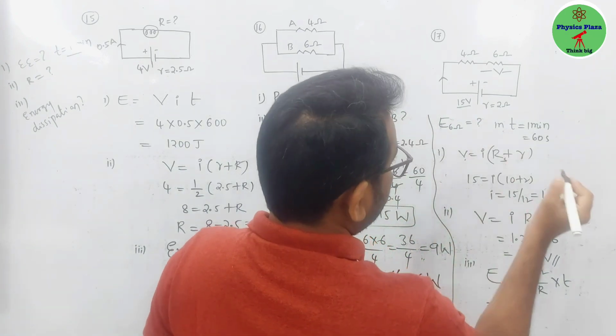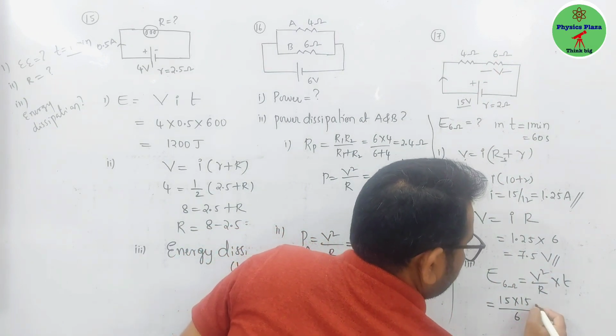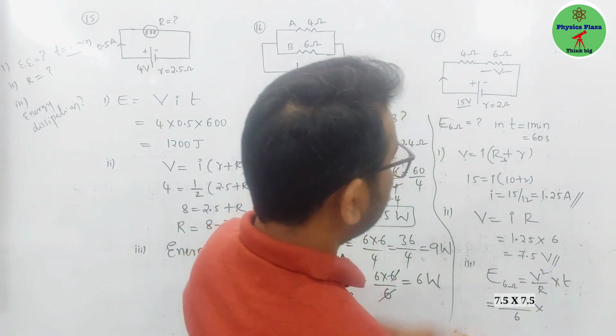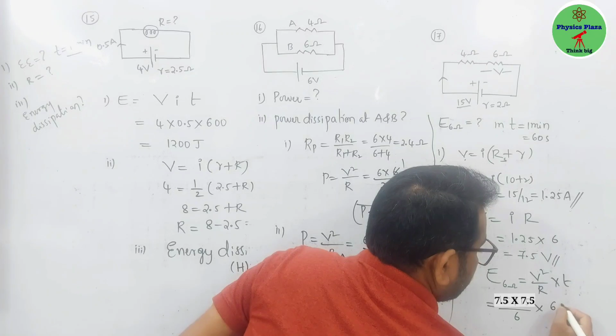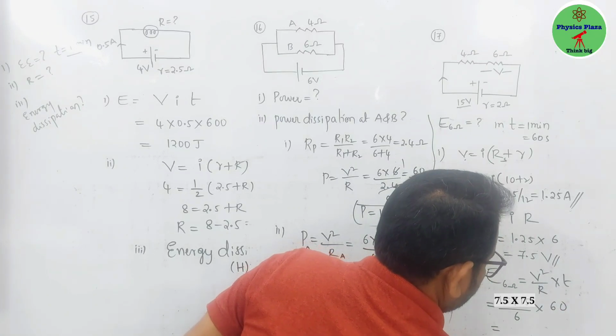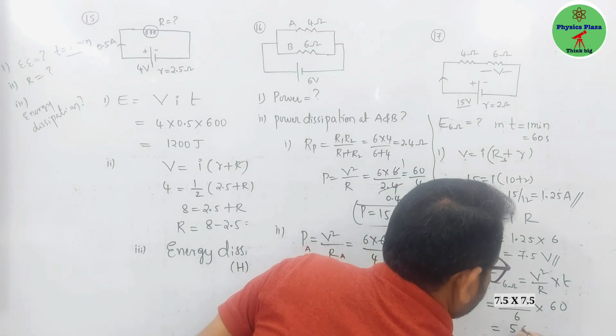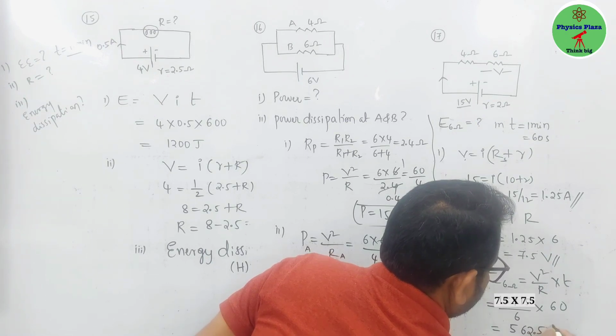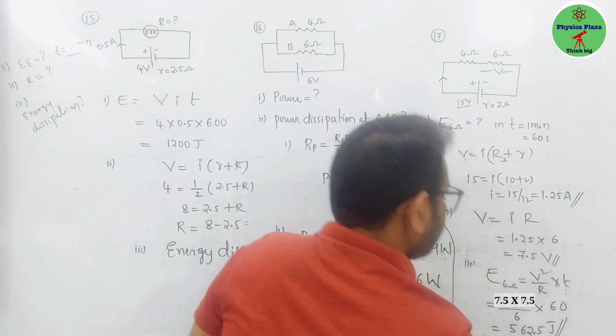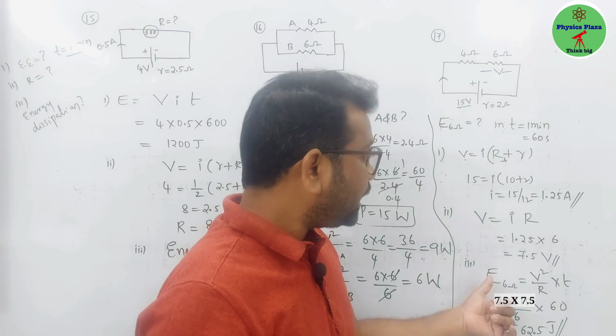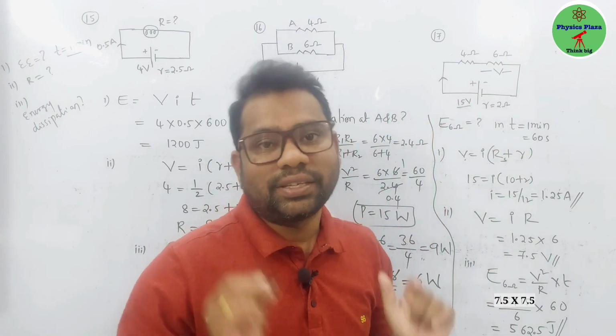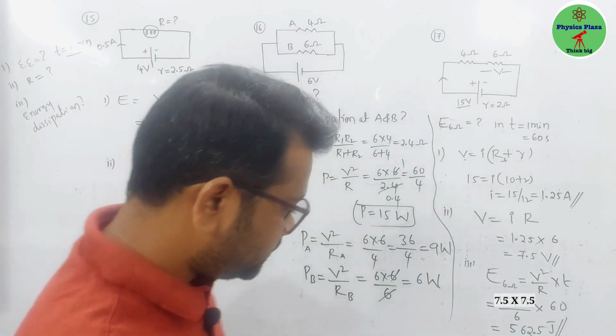R value is how much? 6. Okay. Into time is how much? 1 minute. That is 60 seconds. If you can calculate, you will get 562.5 joules. So this is the amount of energy which is dissipated across the 6 ohm resistor. Clear, children? Copy it.